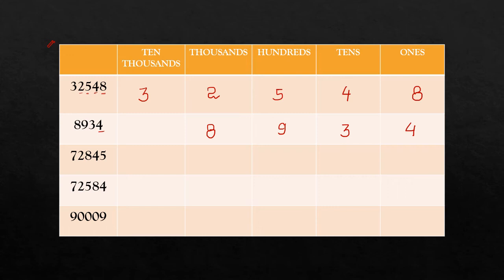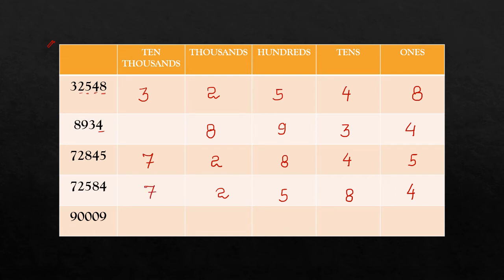Then in the next number we have 5 at ones place, 4 at tens, 8 at hundreds, 2 at thousand, and 7 at 10,000. Next question we have 4 at ones place, 8 at tens, 5 at hundreds, 2 at thousand, and 7 at 10,000.